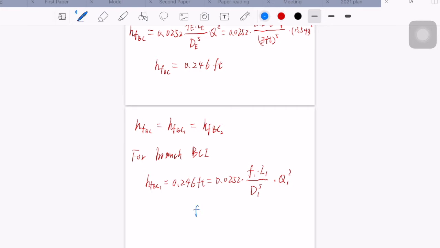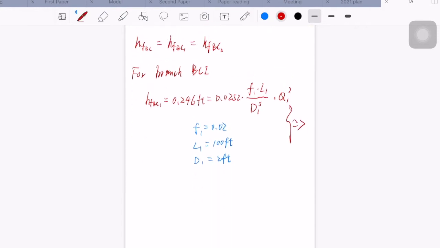Since we know F1 equals 0.02, L1 equals 100 feet and D1 equals 2 feet, we can determine the flow rate in branch BC1, Q1, equals 12.5 cubic feet per second.